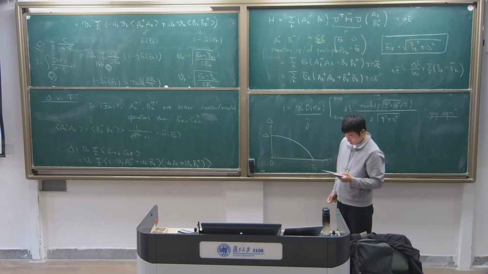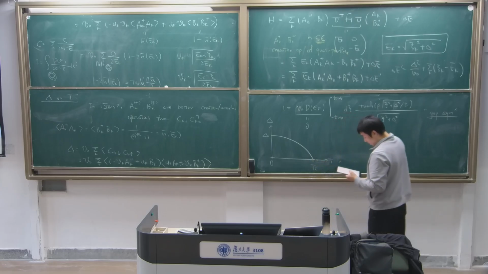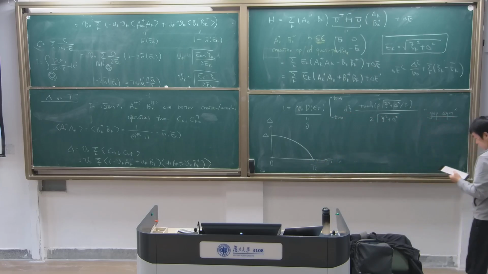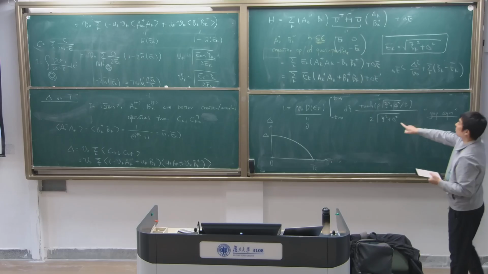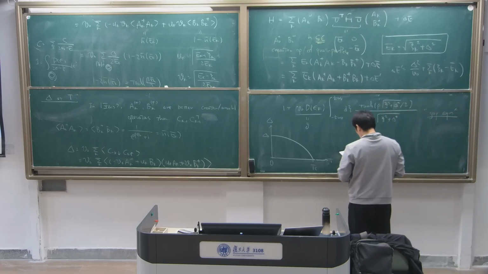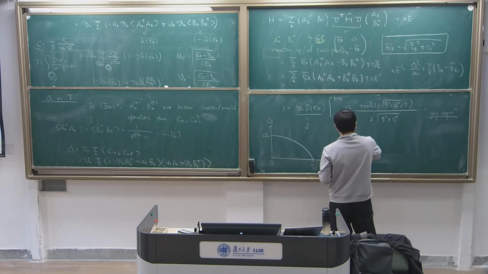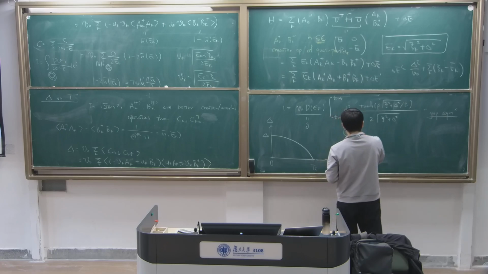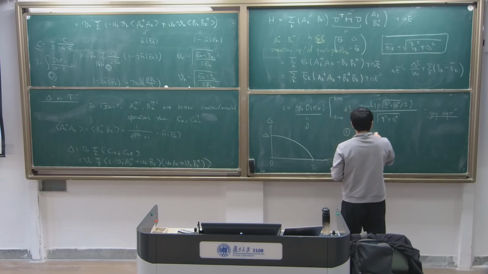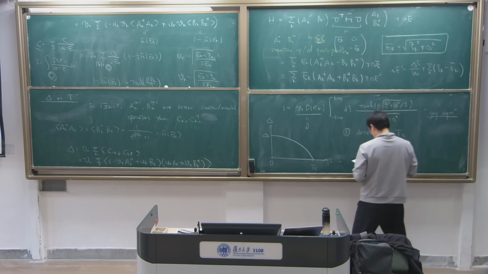Okay. So first, let's consider what we need to do to determine T. We need to find where the order parameter becomes zero. Therefore, number one, determine TC.